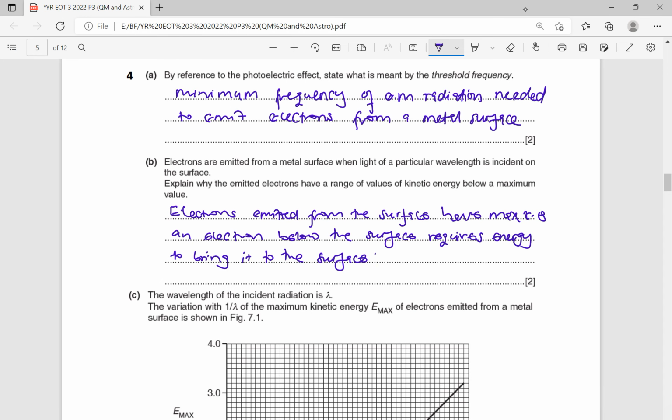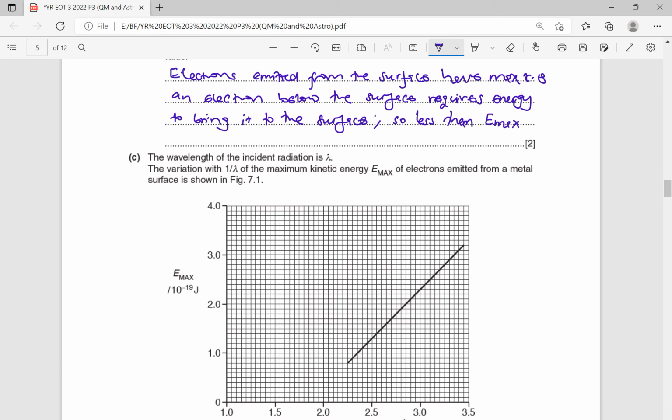So that means it makes sense to say that it will be less than Emax. So electrons emitted from the surface have maximum kinetic energy. They have Emax. Then an electron below the surface will require energy to bring it to the surface. So this will be less than the maximum kinetic energy, Emax.